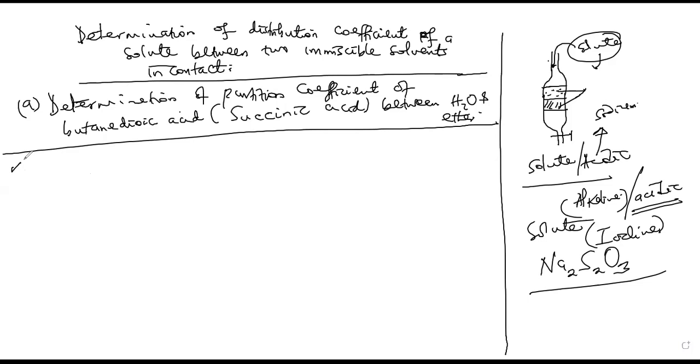Then these layers are separated and a fixed volume of the aqueous layer is pipetted and titrated against the standard solution of sodium hydroxide. Why do we use sodium hydroxide as a standard solution? Because we are having our solute as an acid. If you have a solute as an acid, you have to use an alkaline solution like sodium hydroxide solution as your standard solution. And suitably, we can use also phenolphthalein indicator.